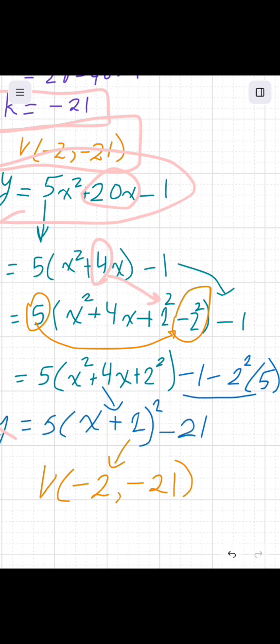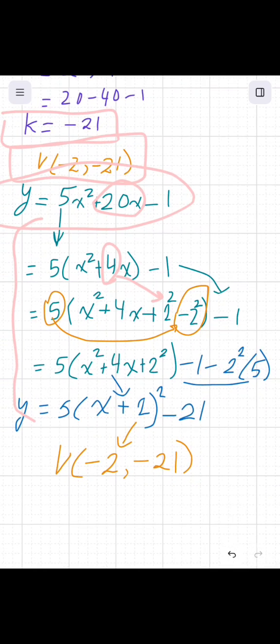So the coefficient is 4, and half of it is 2. So you will have to add the square of half of the coefficient of x, and you subtract it at the same time, so that the shape of the equation does not disrupt.